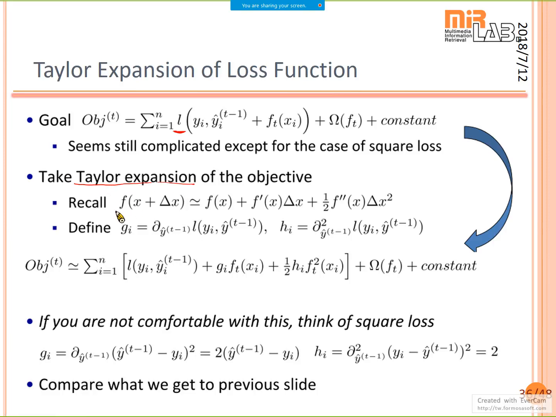Remember Taylor expansion: f of x plus delta x is equal to f of x plus the first derivative times delta x plus the second derivative of f at x times delta x squared. So if we define gi as the first derivative and hi as the second derivative, then the objective function will be written like this.